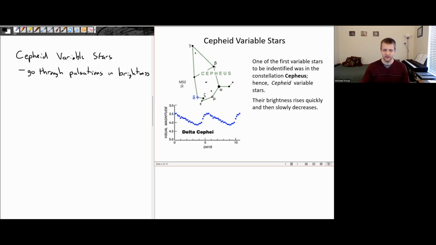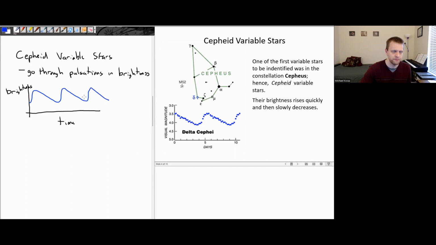And again, the idea behind them is that if we look at their brightness as a function of time, it goes through these very characteristic shaped pulsations. It'll quickly get brighter and then gradually dim out, quickly get brighter and then gradually dim out.